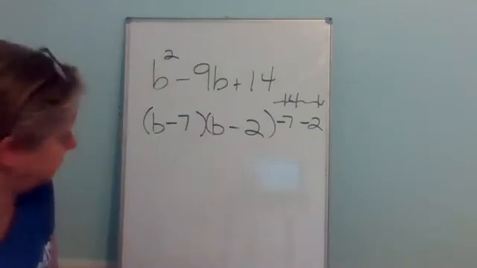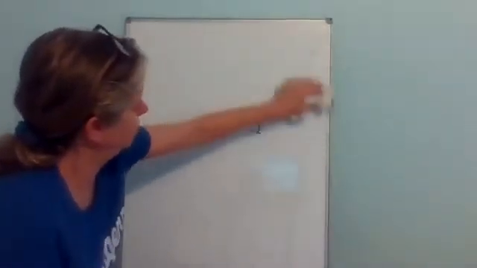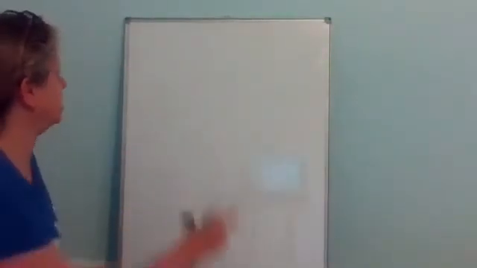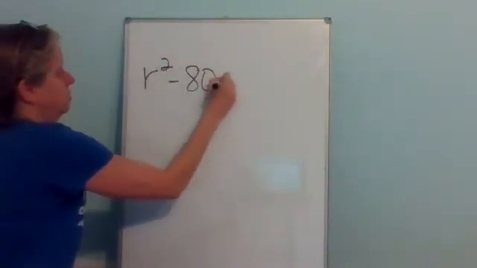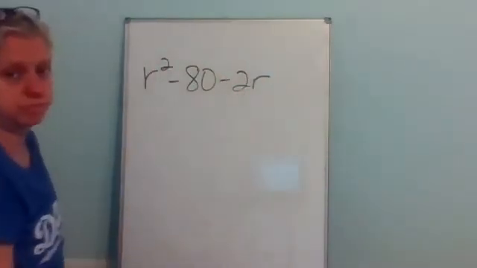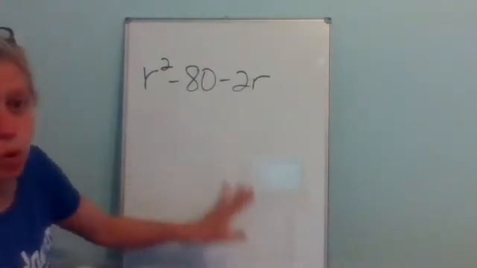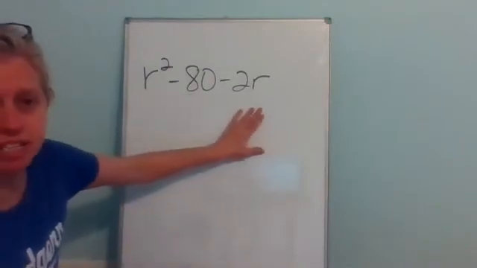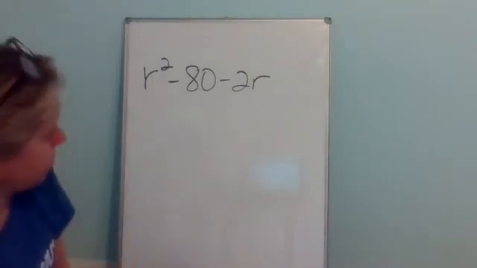All right, number 5. r squared minus 80 minus 2r. Now, on this one, before I can jump to r and r, I notice that something doesn't look right. Right?